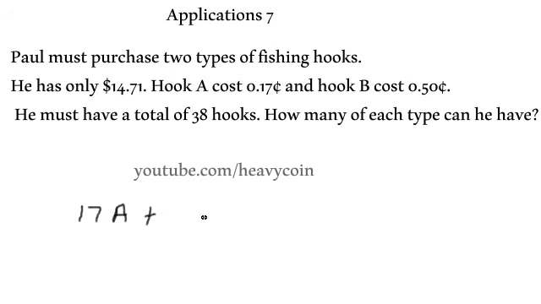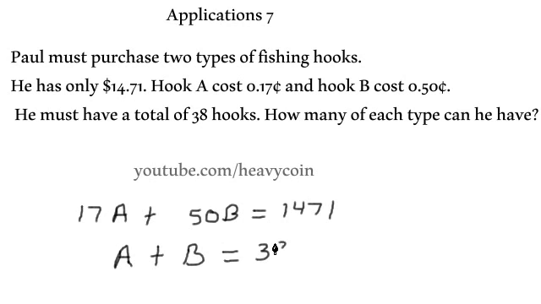Hook B costs 50 cents, with a total of $14.71. I'm just multiplying through by 100 all the way across. And the number of hooks of A plus the number of hooks of type B is going to be equal to 38.